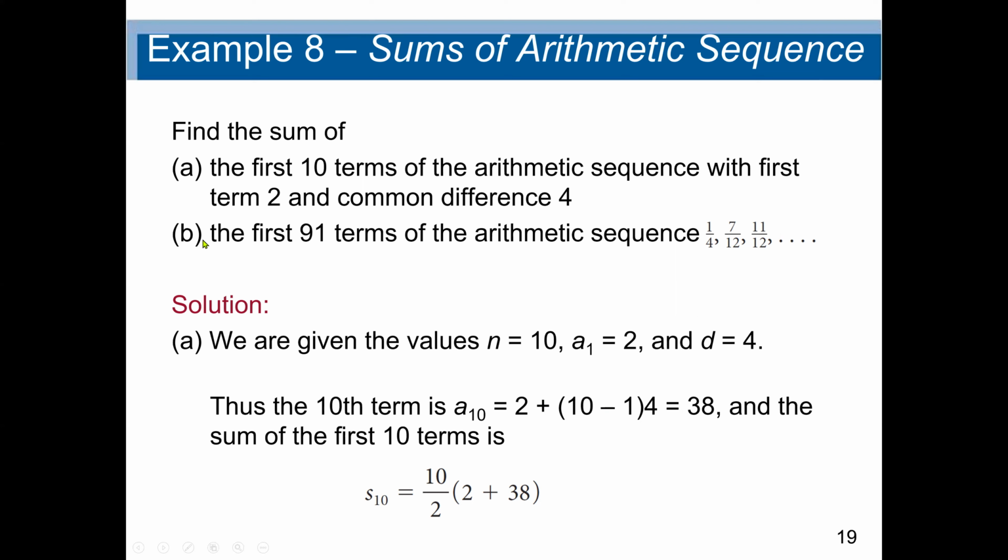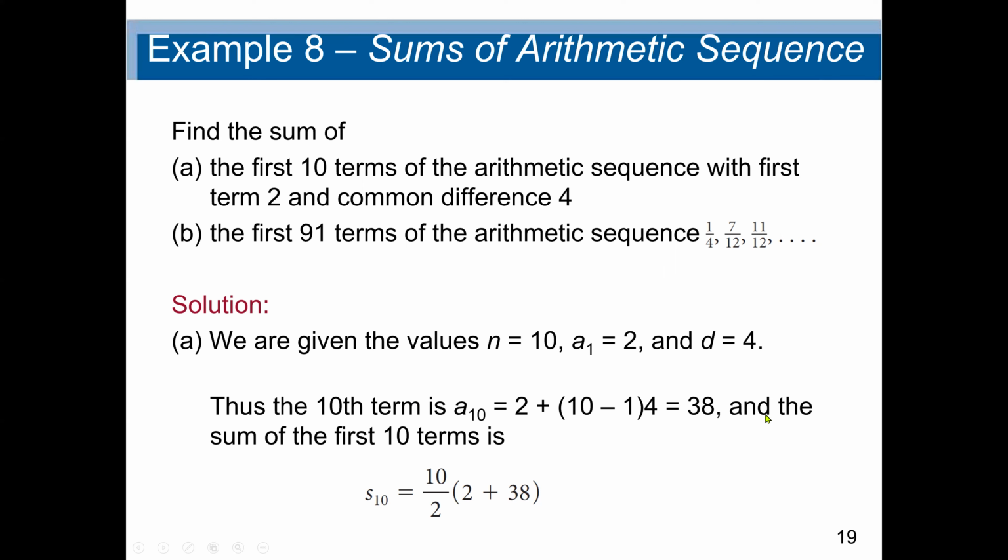Now the second question said, find the first 91 terms of the arithmetic sequence 1/4, 7/12, 11/12.